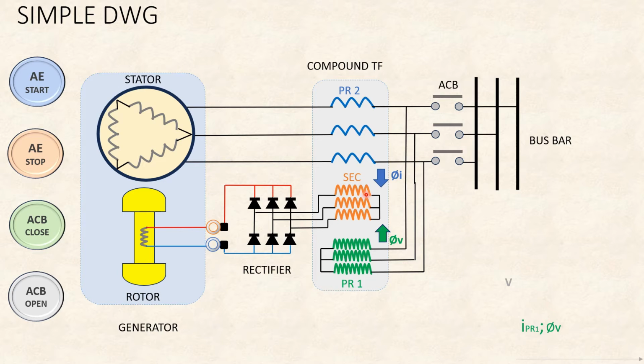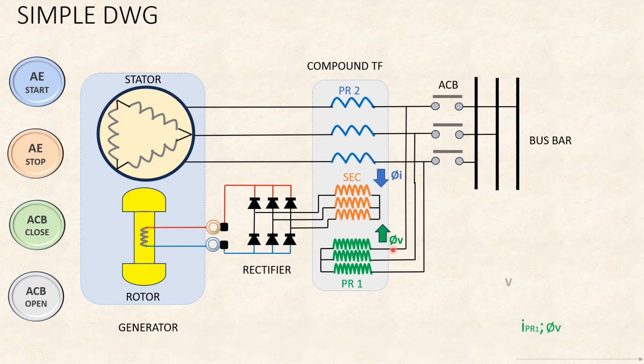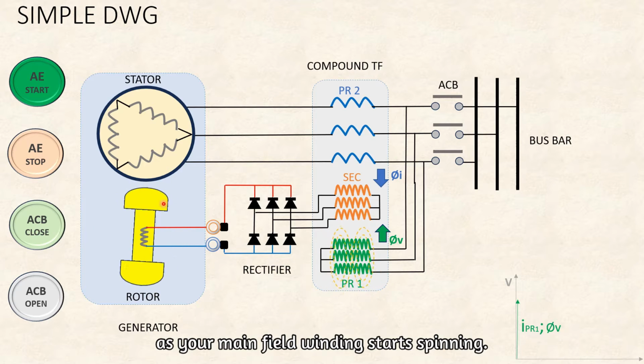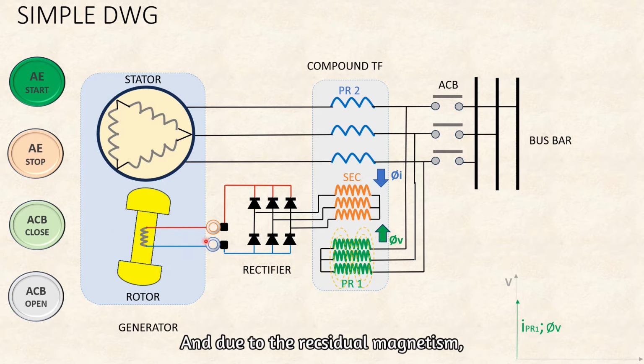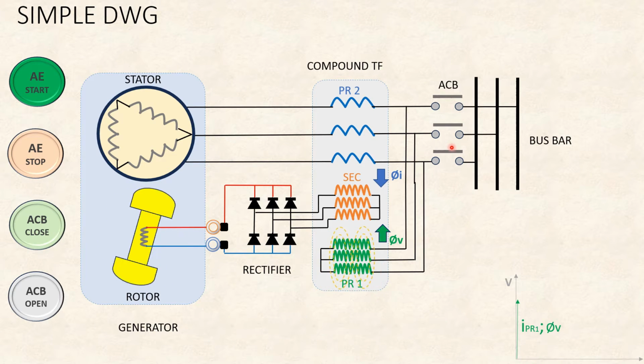Right, let's see how the basic operation takes place. Let's start the generator. Once you start the generator, as the main field winding starts spinning, due to the residual magnetism the stator winding starts to produce some voltage.